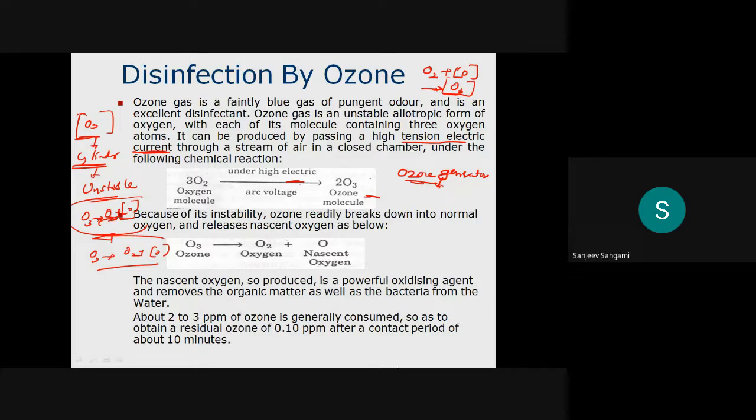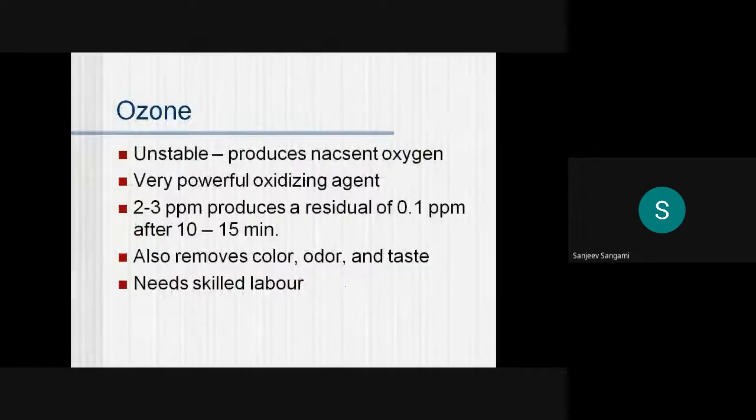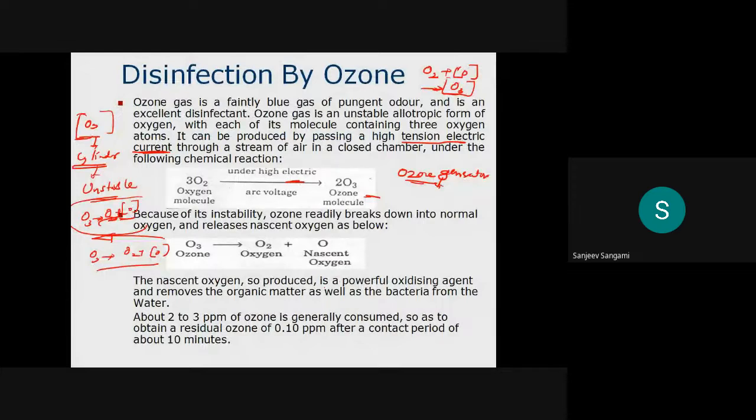The nascent oxygen so produced is a powerful oxidizing agent and removes organic matter as well as bacteria from the water. Even organic matter is removed up to some extent. About 2 to 3 ppm of ozone is generally consumed so as to obtain a residual ozone of 0.1 ppm after a contact period of 10 minutes.